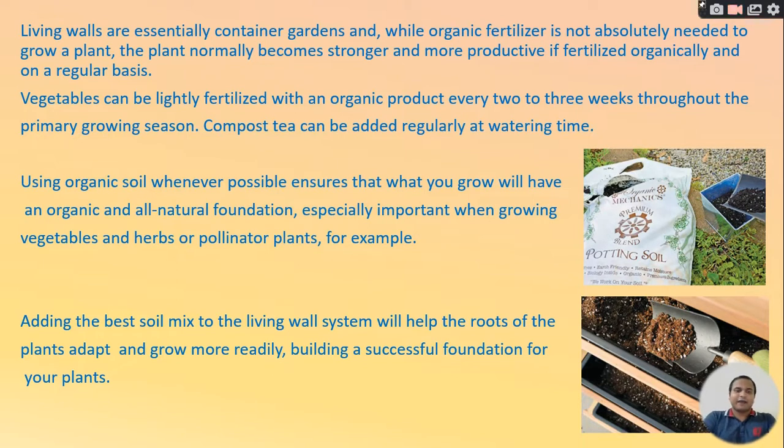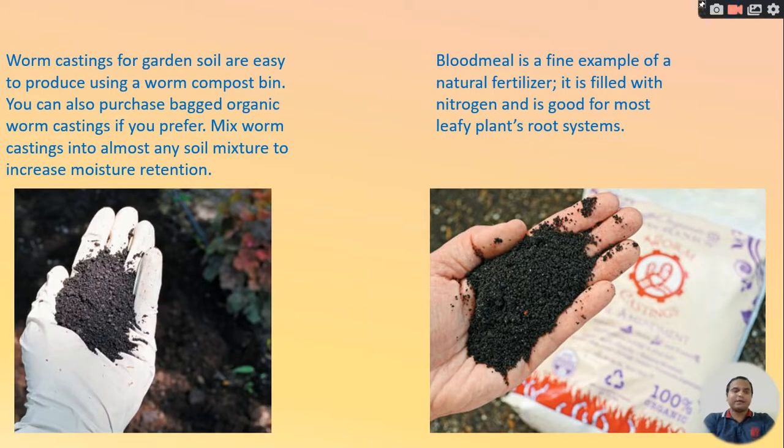Adding the best soil mix to the living wall system will help the roots of plants to adapt and grow more readily, building a successful foundation for your plants. Usually, two sorts of soil mixed with nutrients are used in vertical gardens. One is worm castings. Worm castings for garden soil are easy to produce using a worm compost bin.